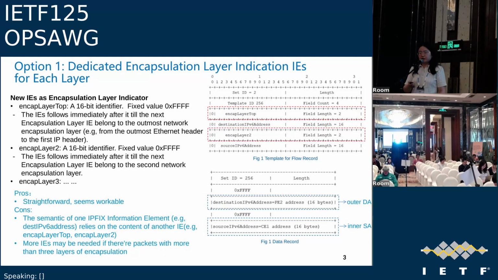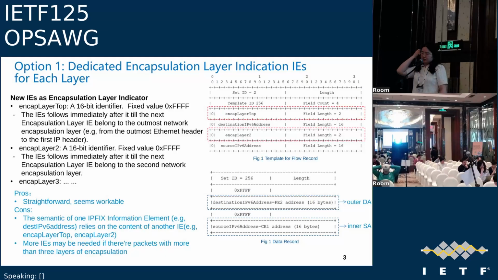For example, the information element encap layer top can be used to indicate that the information elements following immediately after it, until the next encapsulation layer IE, belong to the outermost network encapsulation layer. And also you can define encapsulation layer 2, or layer 3, or something else.